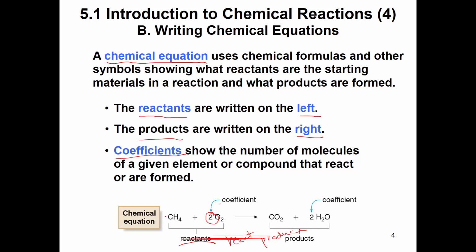And so what this is telling me is I have 1 molecule of methane, 2 molecules of oxygen. Those are the reactants, and they are going to react together to form, is what this arrow basically is telling us, 1 molecule of carbon dioxide and 2 molecules of water.